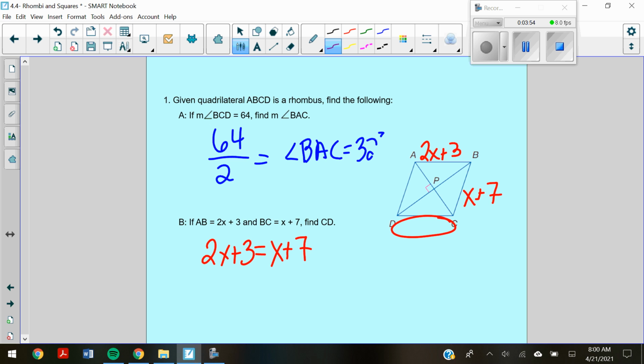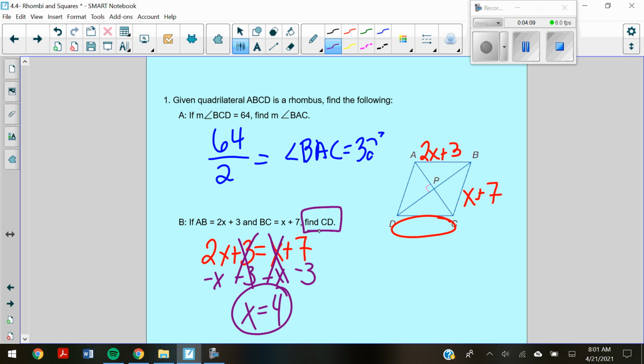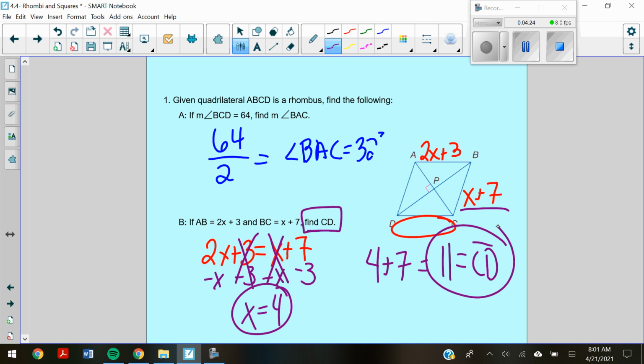We're going to subtract x from both sides, and I'm going to subtract 3 from both sides. 2x minus x gives me x, and 7 minus 3 gives me 4. Now that's not the answer. I have to find CD. So I'm going to plug 4 back into either AB or BC, and I see that BC looks easier, so I'm going to plug it in there. So I find that CD, or all of my sides, are going to be worth 11.